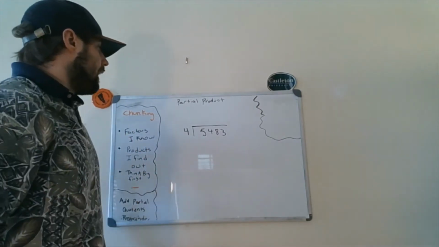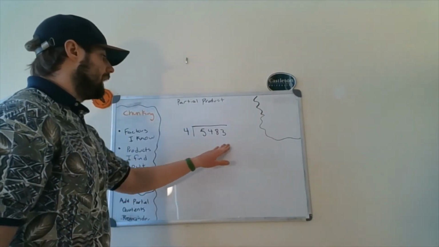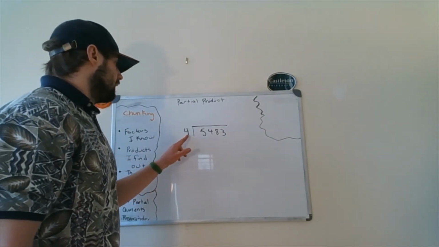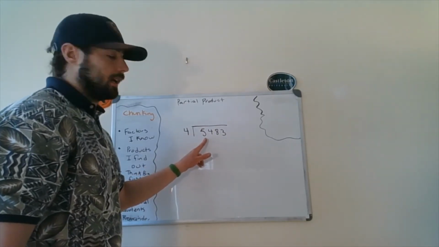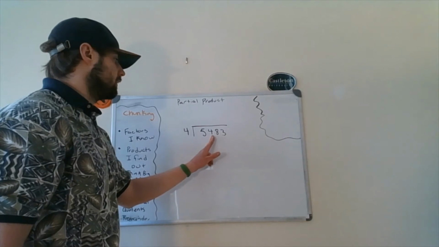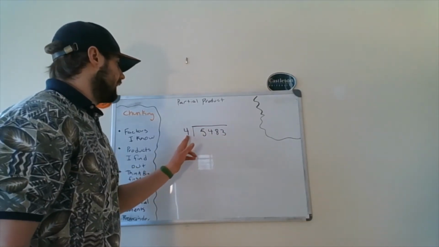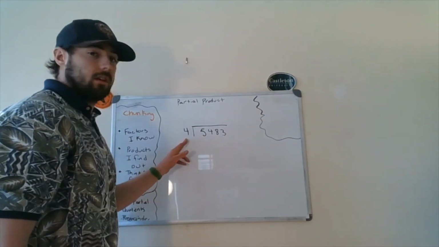So if I wanted to think big first, I wanted to think real big. I got a huge place value here. I know that I can start, much like in the standard algorithm, anywhere. I could start in the hundreds, the tens, the ones. In this case, I probably couldn't start in the ones because 3 is smaller than 4.